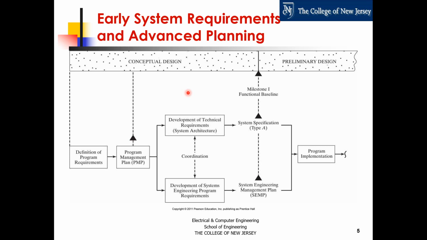And that's going to lead to this system specification, which in COSI calls type A. And you're going to have to develop a specification as part of your second project.